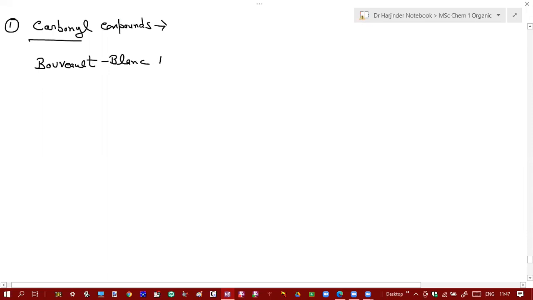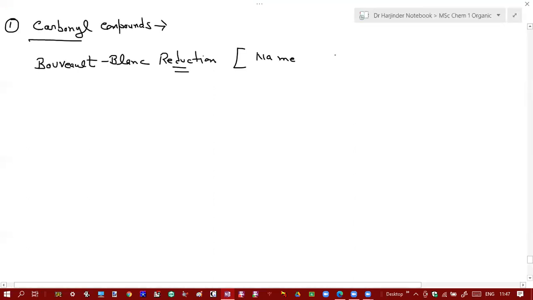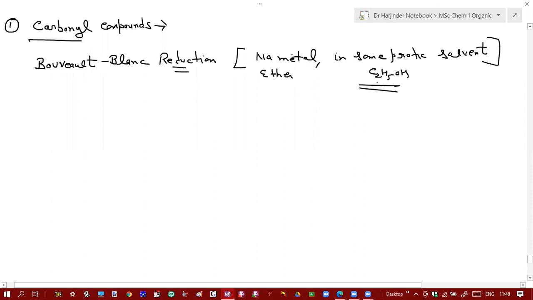It is performed using sodium metal in some protic solvent. Protic solvent means one that can provide a proton. In Birch reduction, your protic solvent was ammonia. Here the most commonly used protic solvent is ethanol, and lithium metal can also be used. So sodium metal is taken in ether and in ethanol.